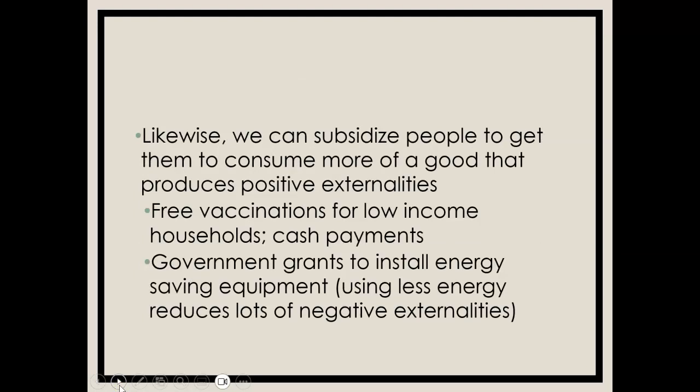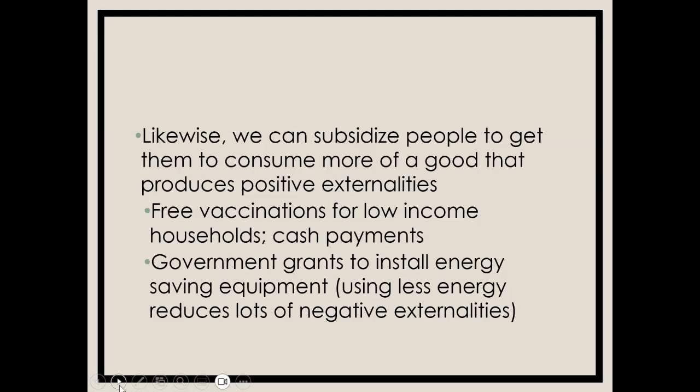Likewise, we can subsidize people to get them to consume more of a good that produces positive externalities. We can offer free vaccinations for low-income households, or for all households for that matter. And during the pandemic, if you remember, some states offered cash payments to people who came in and got inoculated.